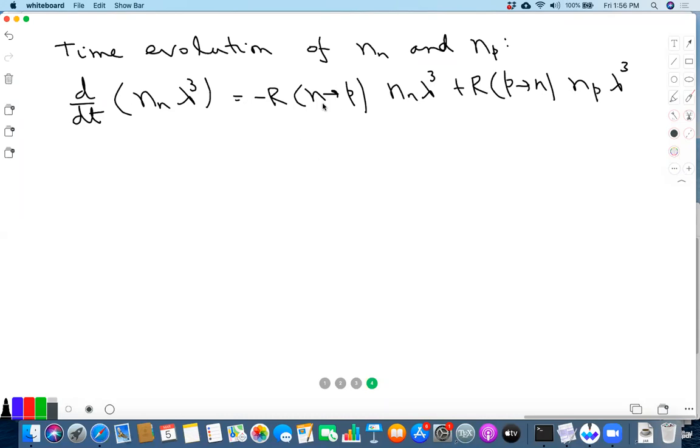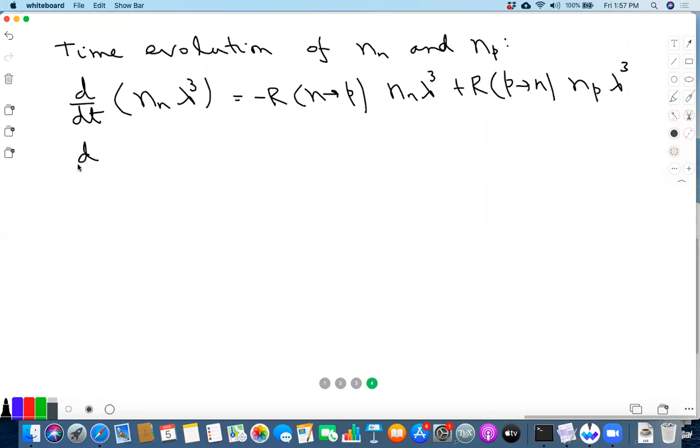Because this is telling us that the rate of change of the number of neutrons per co-moving volume is given by the number of neutrons per co-moving volume times the transition rate per neutron. And the minus sign means that it's decreasing when a neutron gets converted to a proton. And this is opposite. When a proton gets converted to a neutron, the number of neutrons is increasing. That's why it's a plus sign. And it's proportional to the number of protons in a co-moving volume.